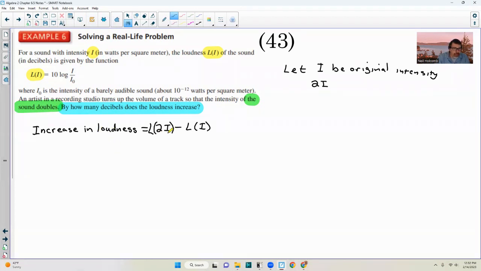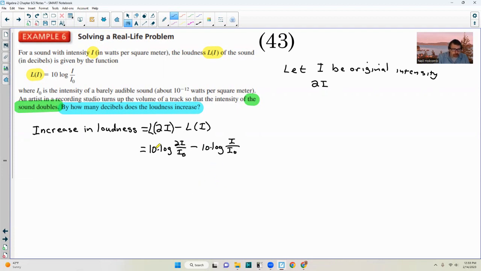So L of 2I is going to be 10 times the log of 2I divided by I naught, minus 10 log I over I naught. Okay, that's how we begin.